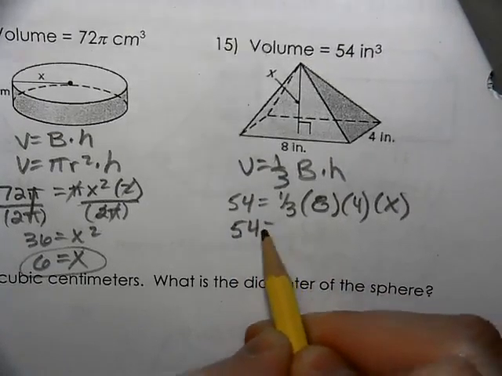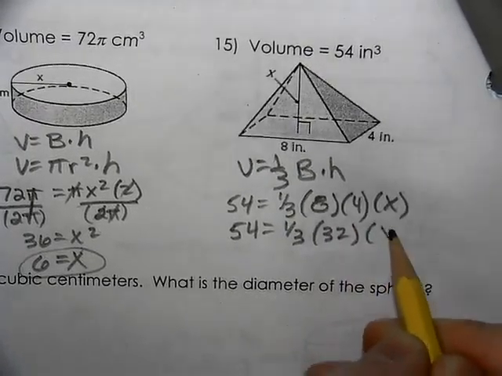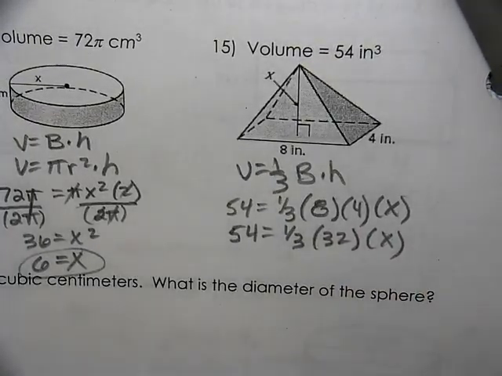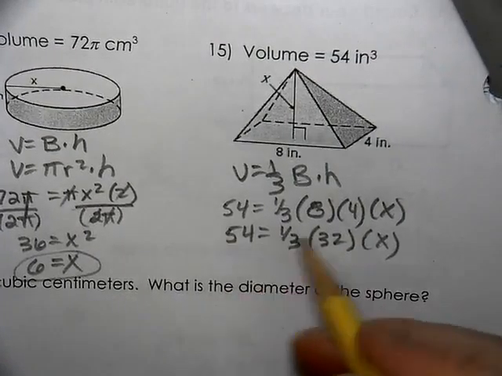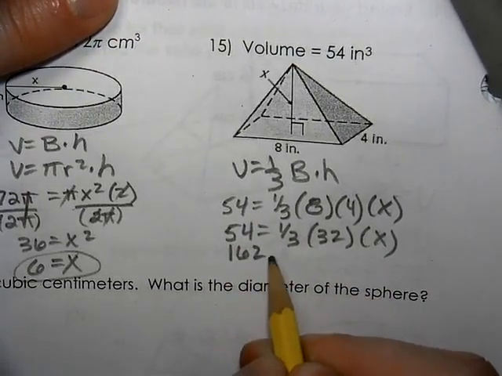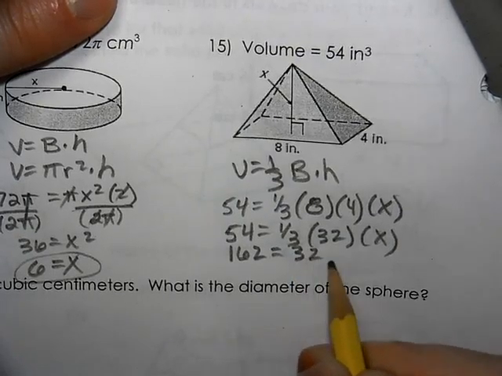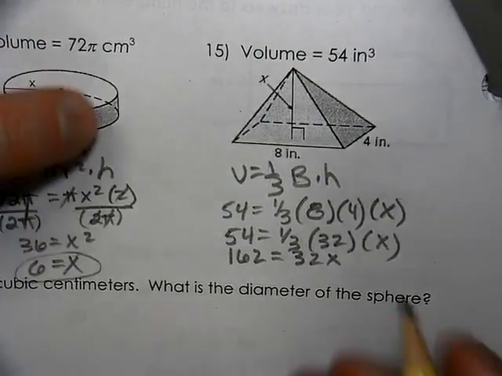So we have 54 equals 1/3 of 32x. Well, I can take the 54 and times it by the denominator. So I'm going to multiply 3 to both sides to get 162 equals 32x and divide that by my 32.